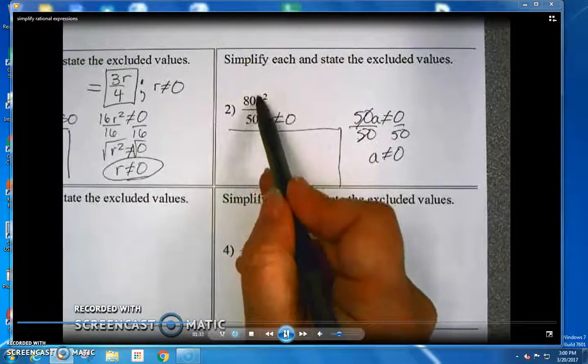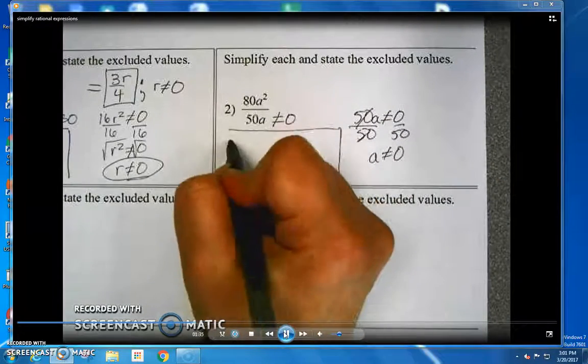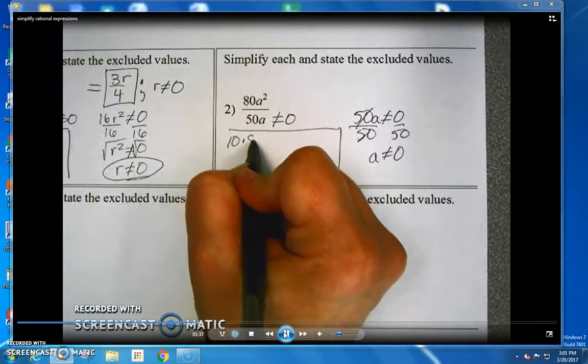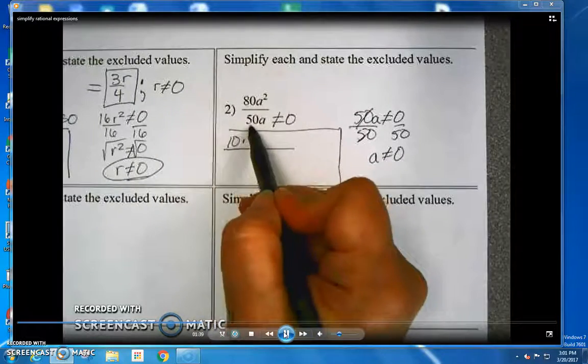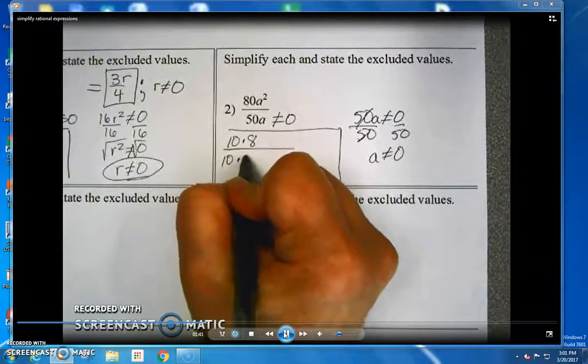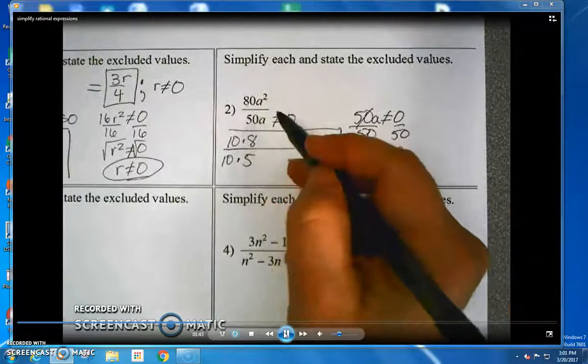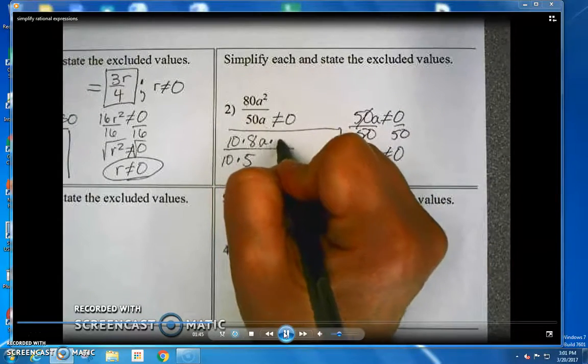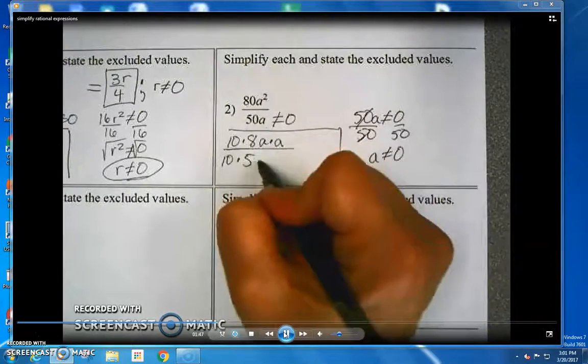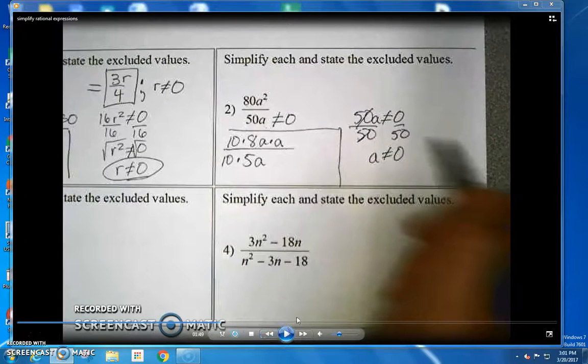So we have 80. 80 is the same thing as 10 times 8. 50 is the same thing as 10 times 5. And then a squared over a is basically a times a over a. Notice that I broke it down such that we could easily see what the common factors are.